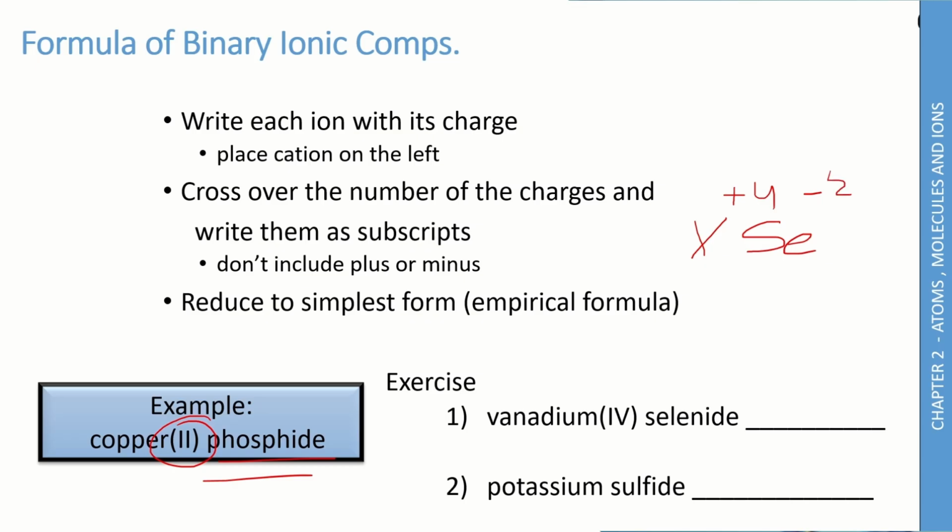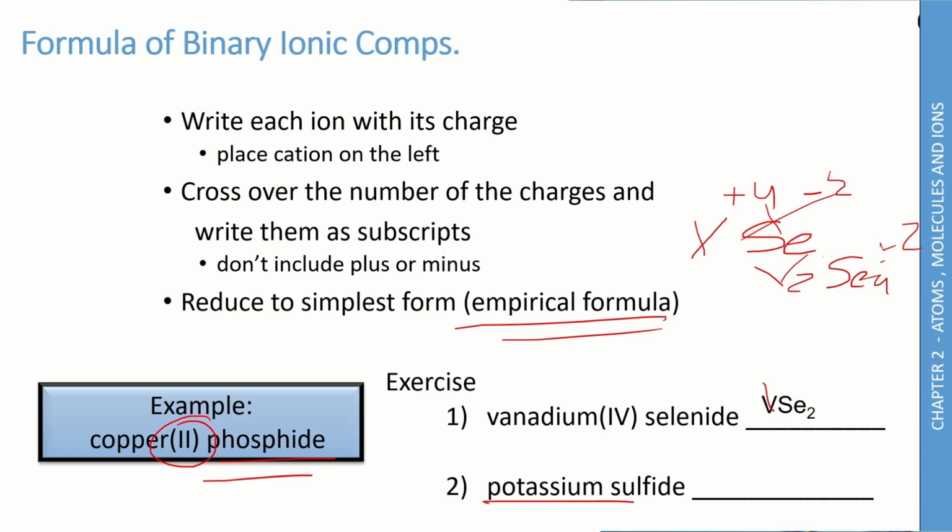When you cross the charge, we're going to have this 2 and 4. Oh, Se 4. Let me just erase that. So I'm going to use the empirical formula. I divide both of those by 2, and it will be VSe2.